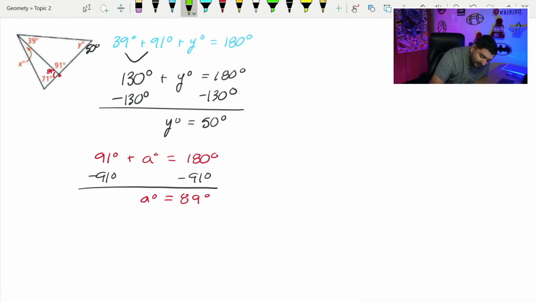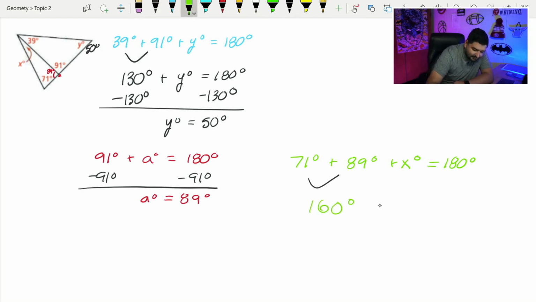Our third equation is going to be 71 degrees plus 89 degrees plus x degrees, which is the last angle we're solving for. All of this should equal 180 degrees. Adding these two together, 71 plus 89 is 160 degrees plus x equals 180.